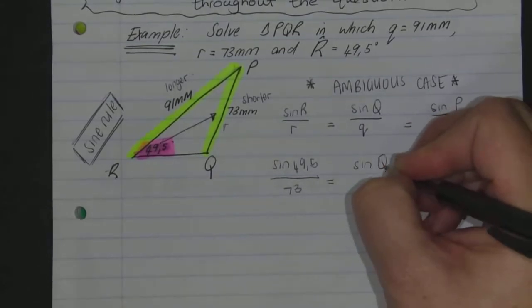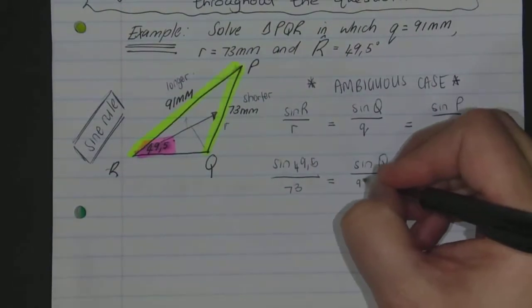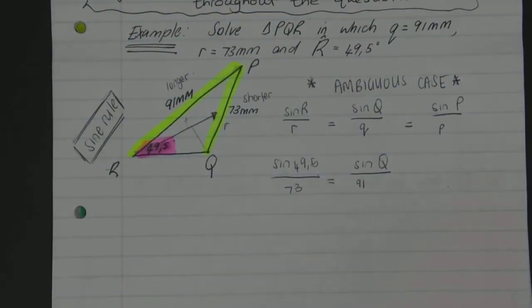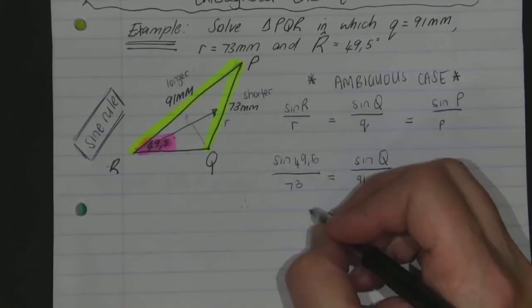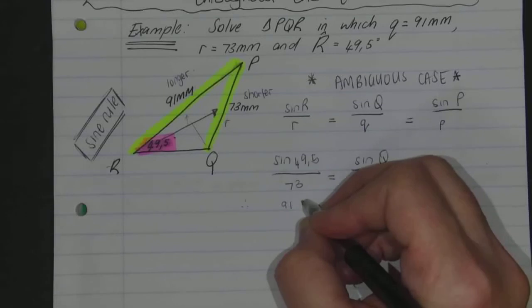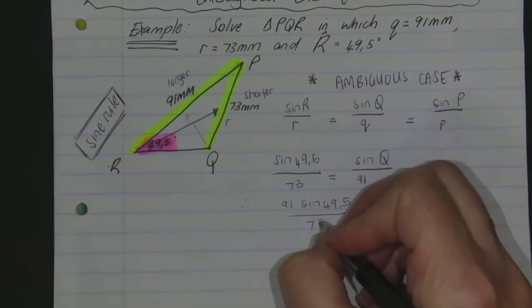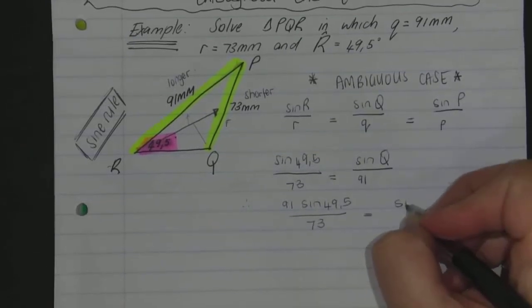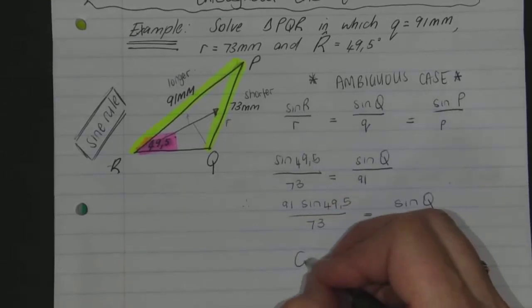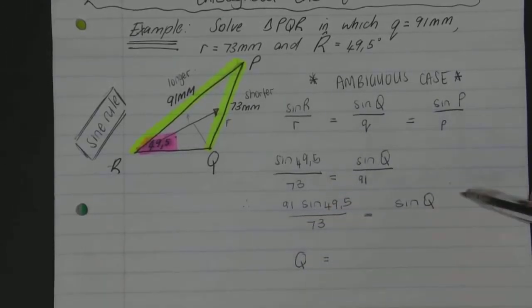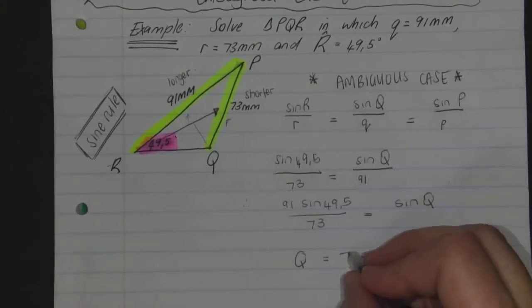Sine of Q, I don't know, but the length of side Q is 91. So I can say that 91 sine 49,5 over 73 is equal to sine Q.